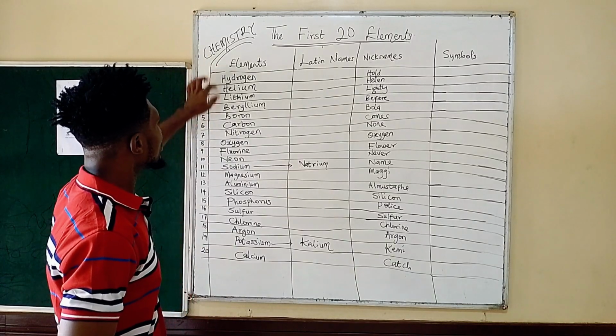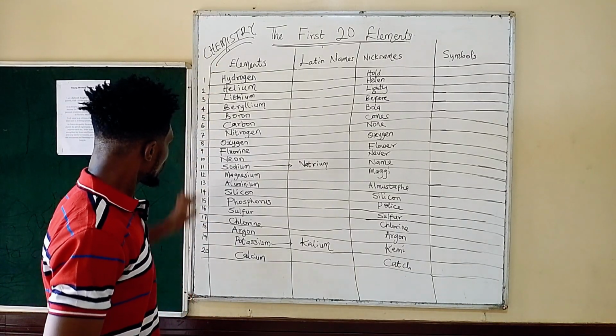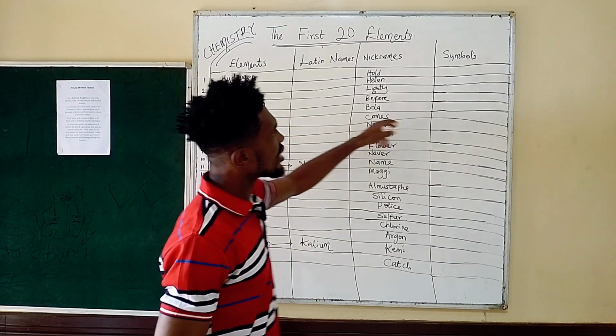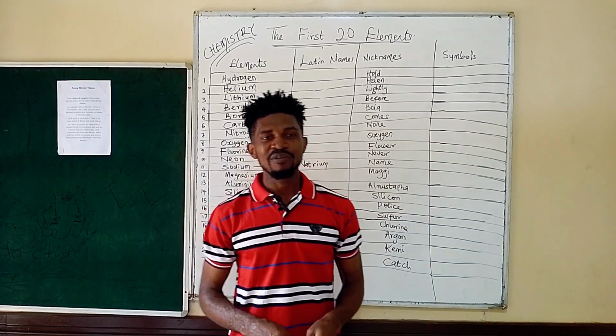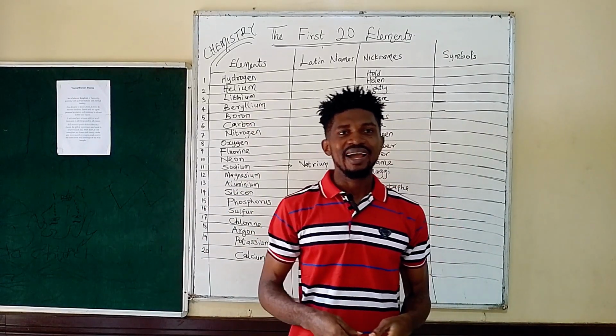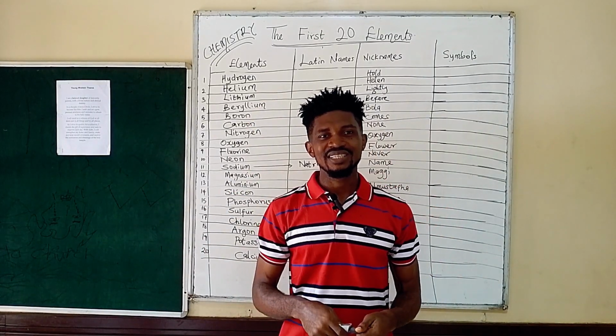Now here we have the elements from 1 to 20, and then we have the Latin names, as I mentioned earlier, down to the symbols. Before I continue, I made a video on this topic earlier, and I thought I posted it.